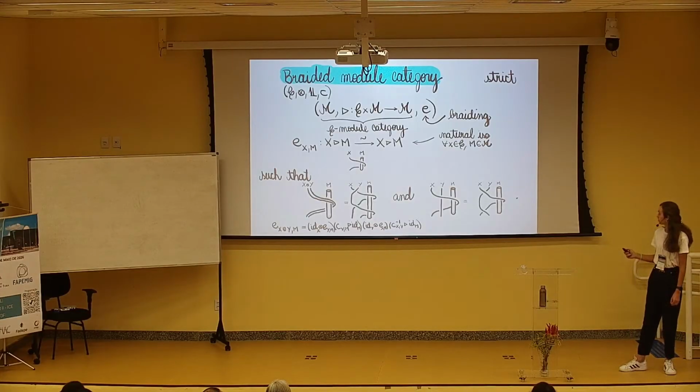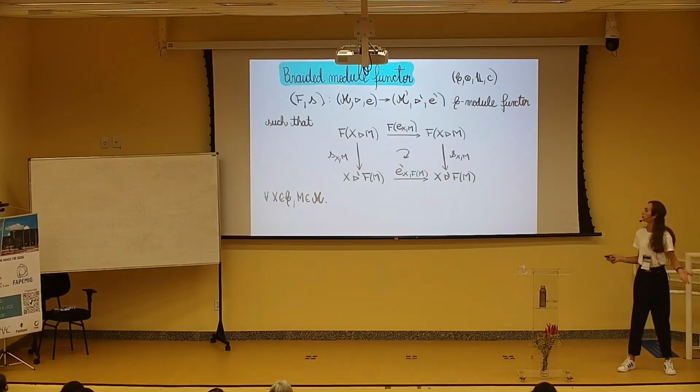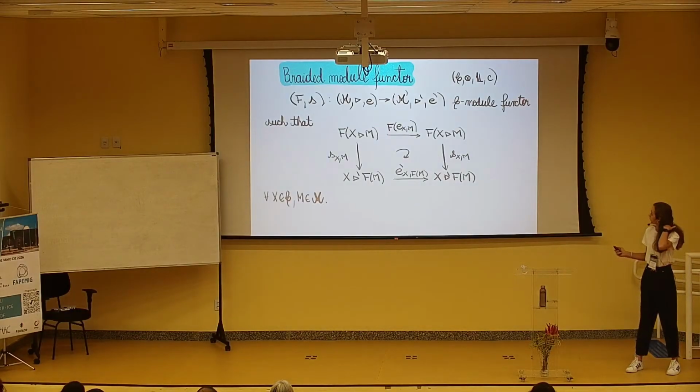Okay? And of course, a braided module functor should be a module functor that satisfies a diagram that says how I preserve the braiding, right? So it's a C module functor such that going this way or this way is the same. Okay.